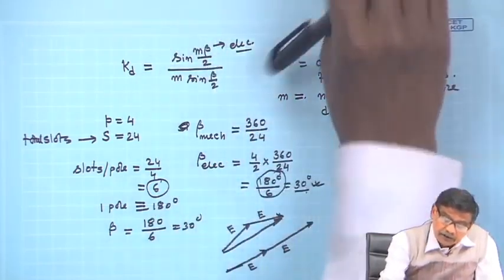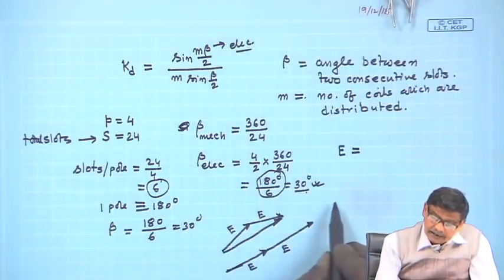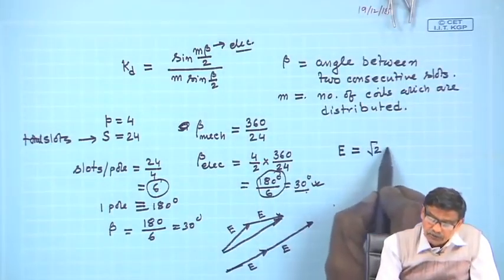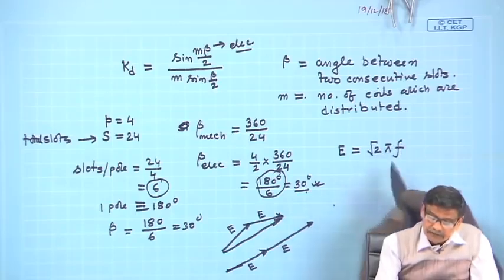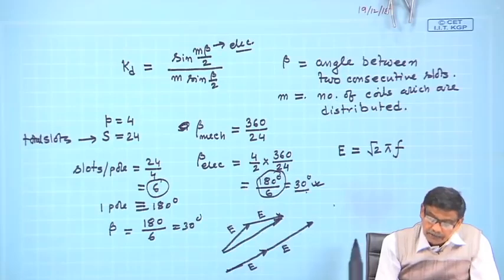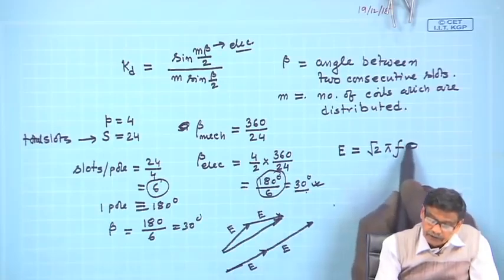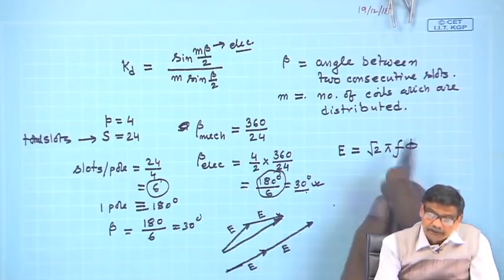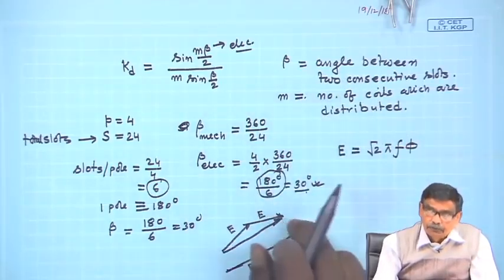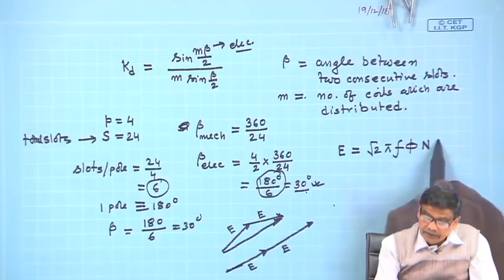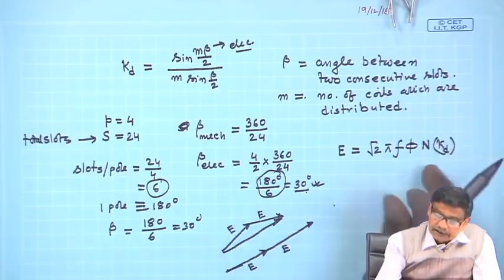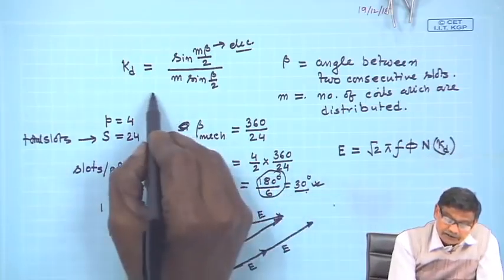So, distributed coils you connect in series, then E can be written as root 2 pi f, which comes equal to P n by 2, phi is the flux per pole, and suppose n is the total number of turns of both the coils, then that n you simply multiply by K d, that is called the distribution factor.